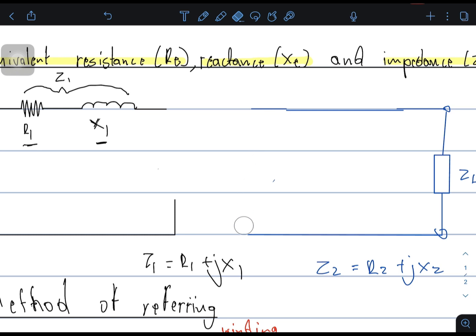Here is the resistance of the secondary winding. Here is the reactance of the secondary winding. Sorry, I just need space.